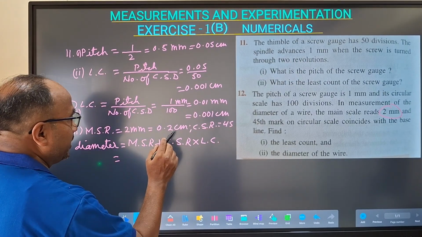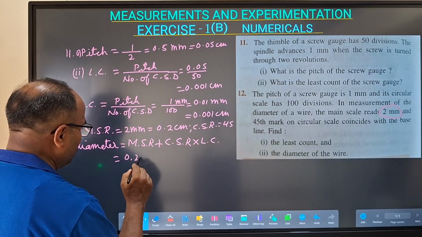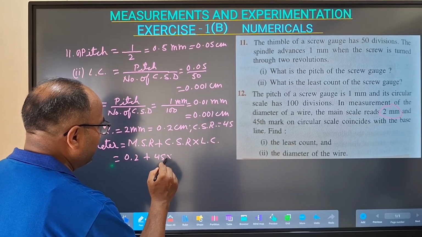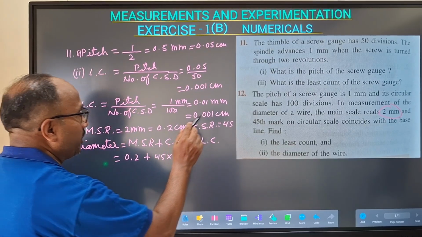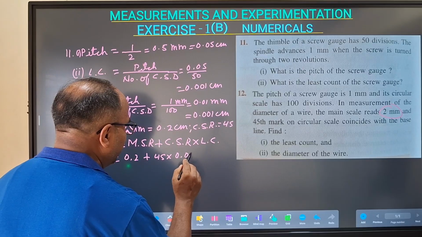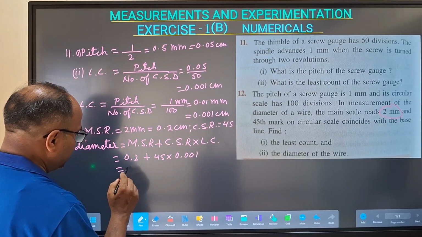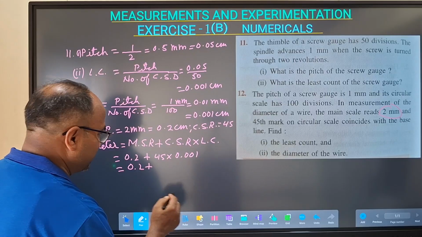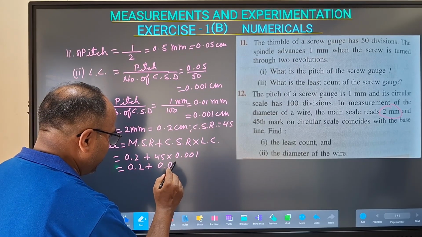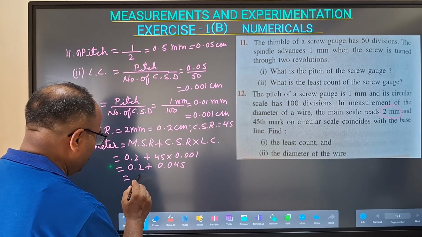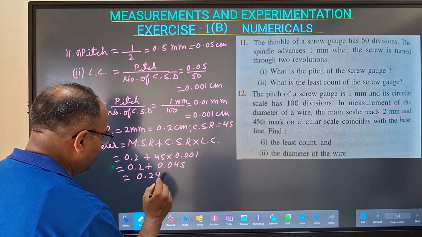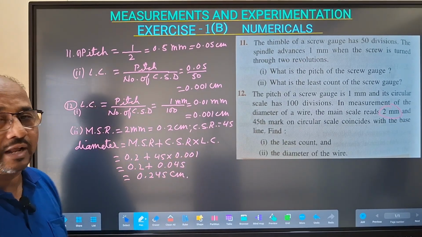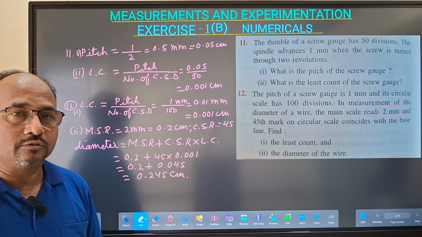So main scale reading we got as 0.2 plus circular scale reading 45 into the least count, which we got here as 0.001. So 0.2 plus, if I multiply 45 ones as 45, so 0.045, you add it, you get 0.245 centimeter. So you have come to know the diameter of the wire also.